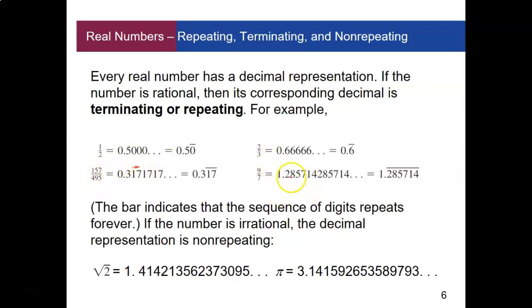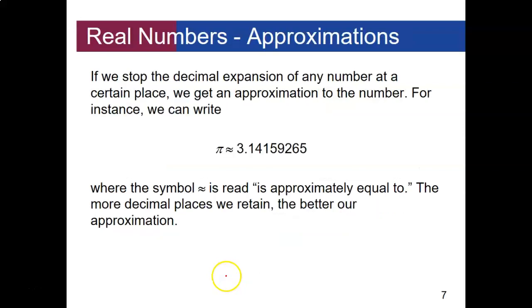And even this one, it has a big chunk that repeats, but it does have repetition, and so therefore it could be written as a fraction. But these, if you look down here, these are irrational numbers, the square root of 2 and pi. They go on forever. There's no repetition, so they cannot be written as a ratio of integers.